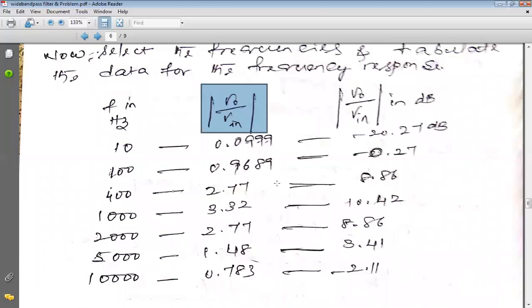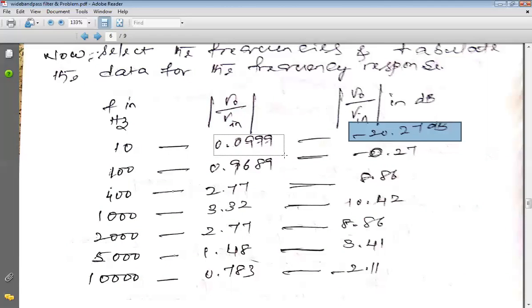That is the second column for the corresponding value of input frequency. For the 10 Hz input signal, I get 0.0999, and similarly I'm going to describe that in the form of decibels. To get the value in decibel form, I take 20 log to the base 10 of this value.